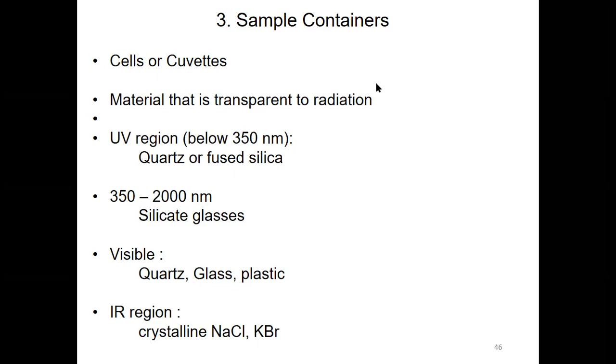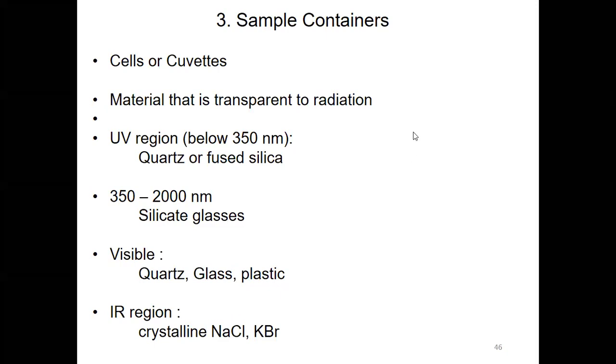So that is the third component, the main summary about what you should know about the sample container. It seems like there's not much information, but keep in mind the sample containers play a major and critical role in the spectral analysis.